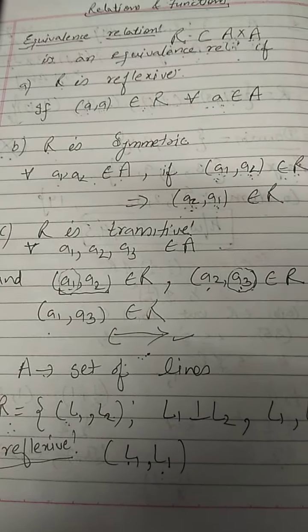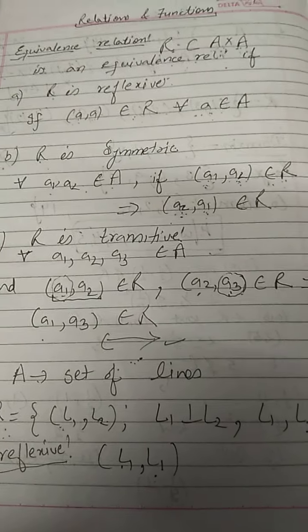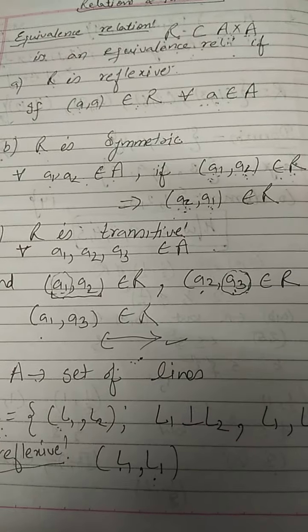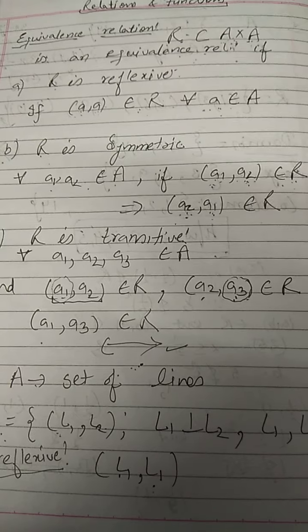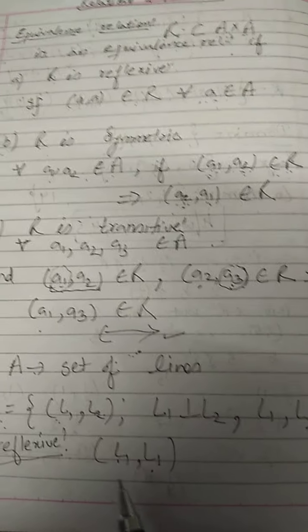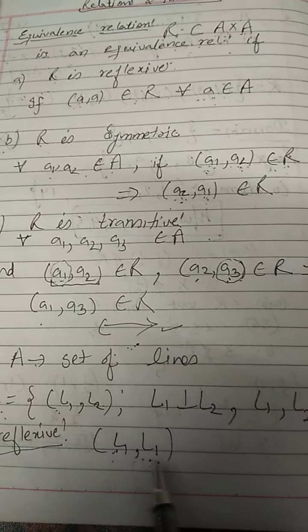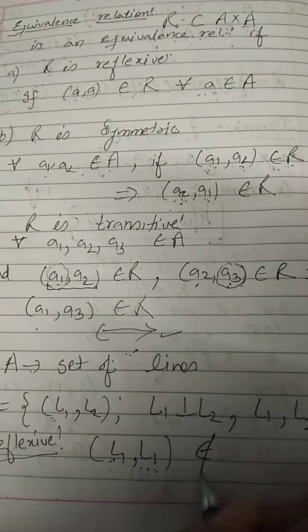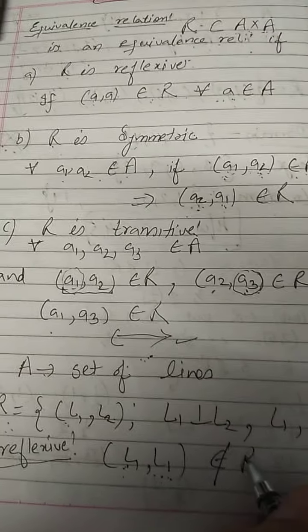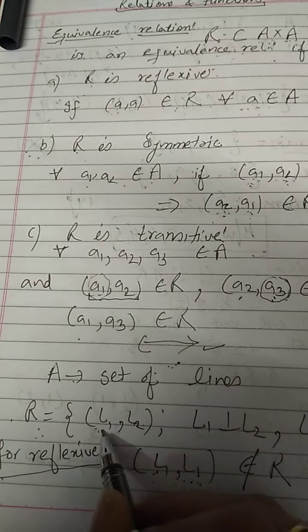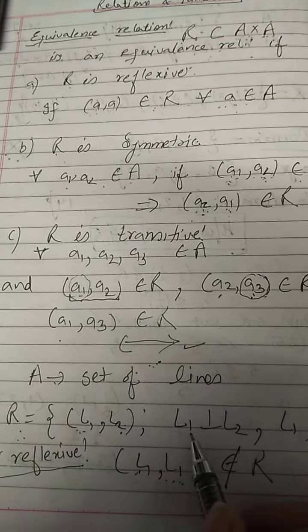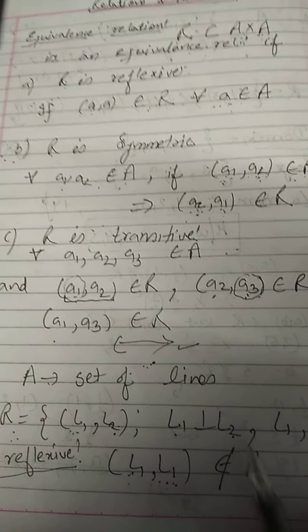Now tell me, or you just think, when is a line perpendicular to itself? Do we know such a concept? No, a line is not perpendicular to itself. So what we will say here is (L1, L1) does not belong to the relation R, because R is defined as all the ordered pairs (L1, L2) where the first line is perpendicular to the second line.